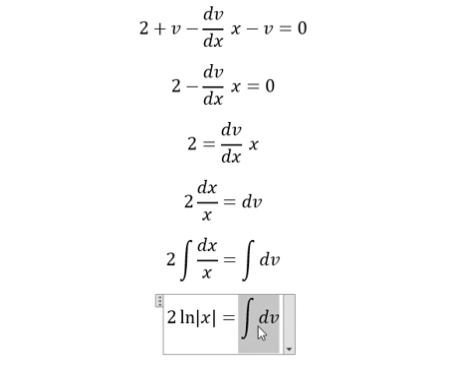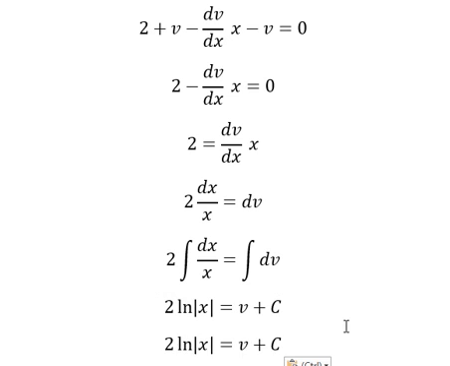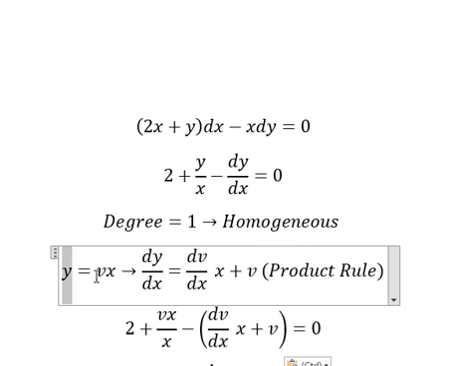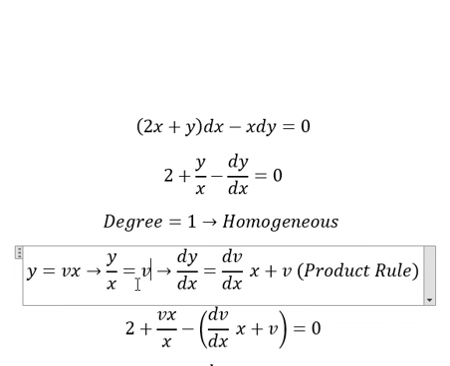This one, that is about v, and then I will put c. About v, that is about this one. So we need to divide both sides by v. So we need to change the value of v into this one.